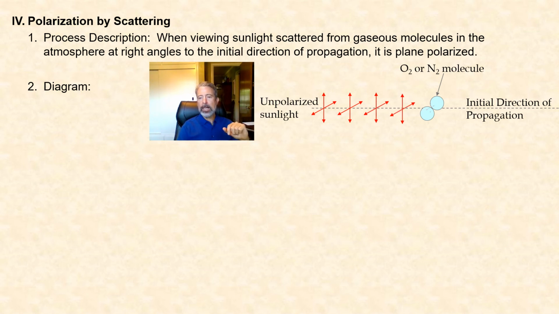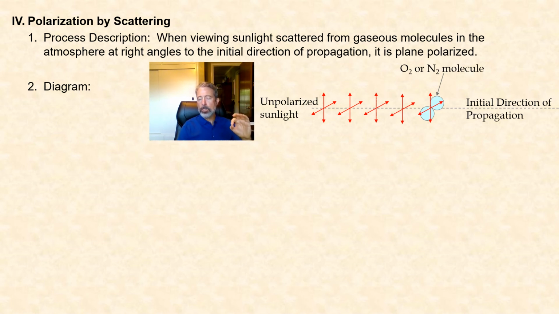It turns out that when that unpolarized light gets absorbed by that molecule or those molecules in the atmosphere, it causes the electrons in the molecule to start oscillating, which creates a new electromagnetic wave or waves.